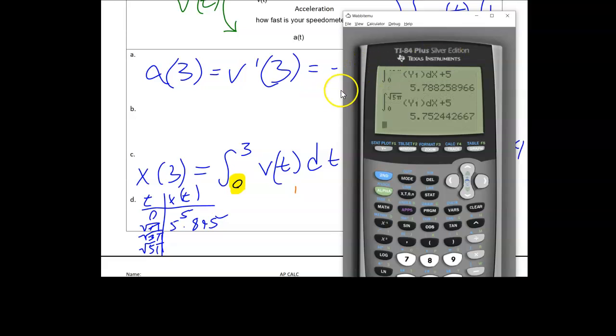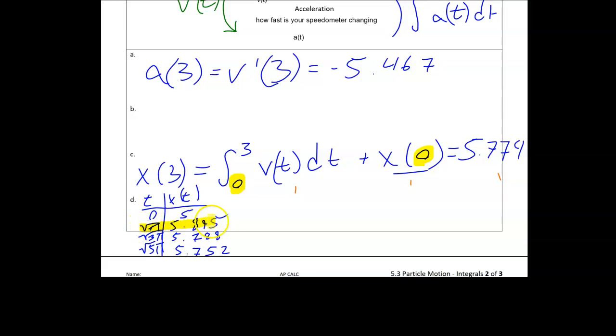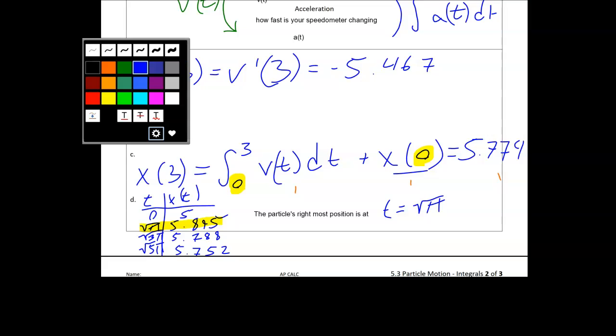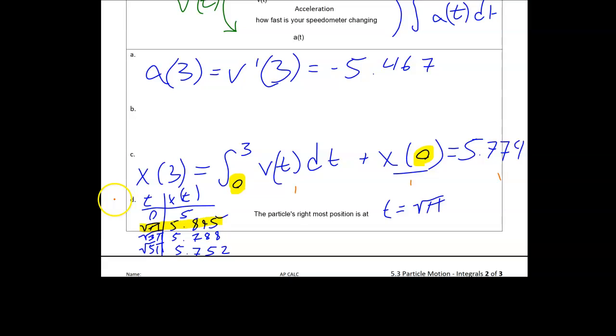So notice they're all pretty close here, but my rightmost position is here. T equals square root of pi. So here's my answer, here's my reason. And scoring wise, you get a point for identifying your zeros, a point for your reason, then a point for your result. So that's 3 points there.